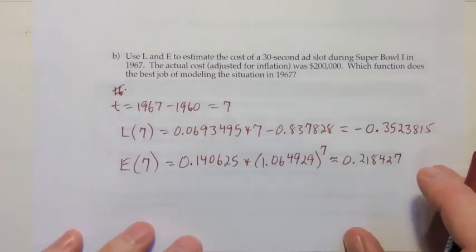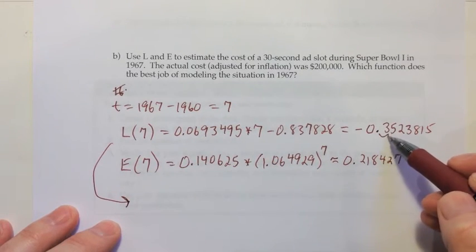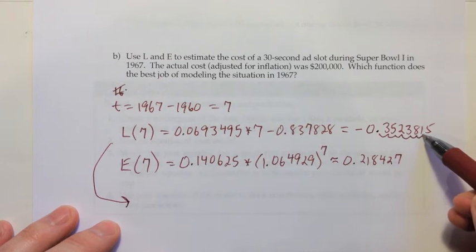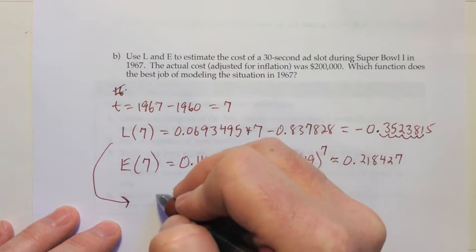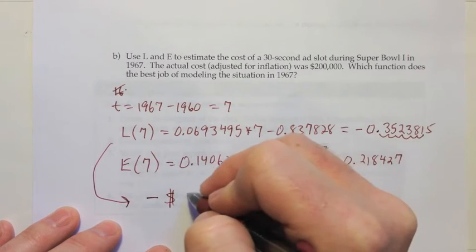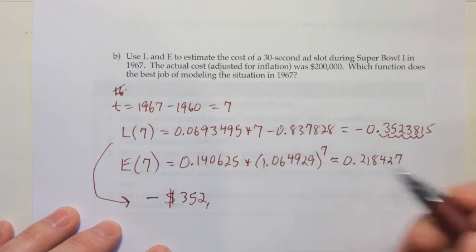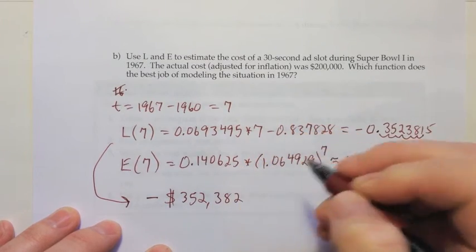So if we take L of 7 and we multiply that times a million, that would move the decimal over 1, 2, 3, 4, 5, 6 spots. And I'll go ahead and round to the nearest dollar, so I'll make that 1 round up to a 2. So I'm going to guess for the linear one, negative $352,382.